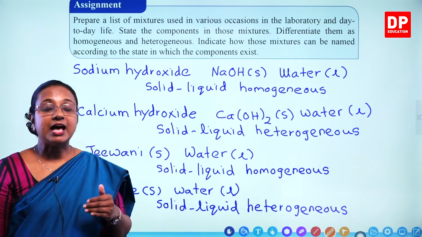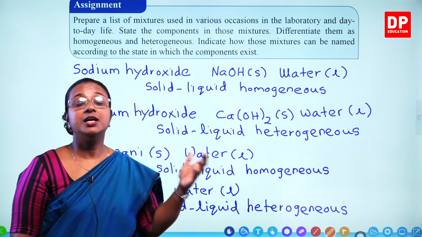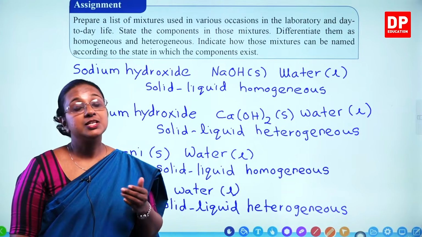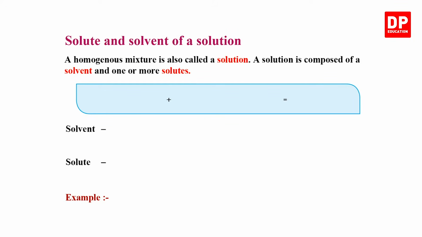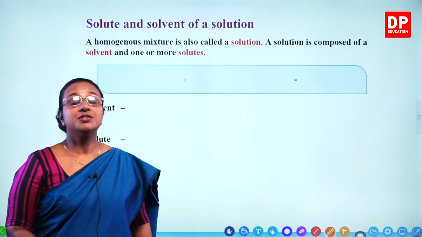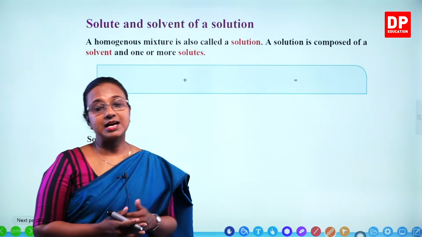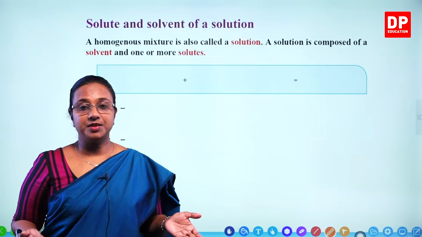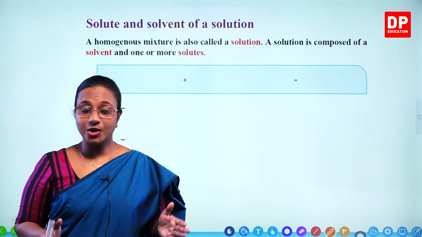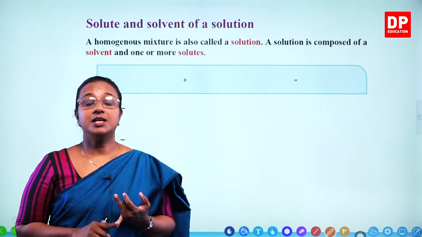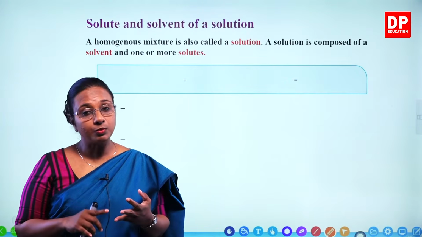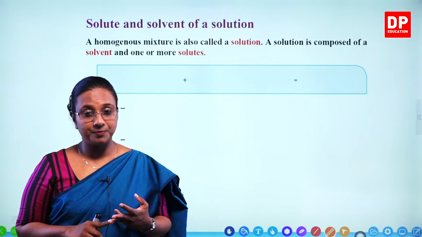So, with that, I will move on to a new topic, the solubility of substances. Solute and solvent of a solution. So, I told you we will discuss solubility. In order to understand solubility, first you need to know what solutions are and what solvent and solute are.